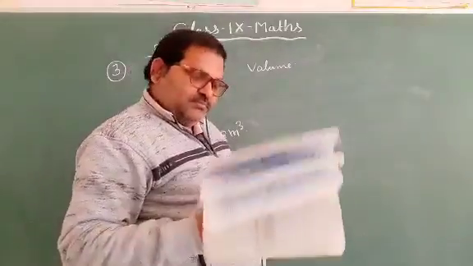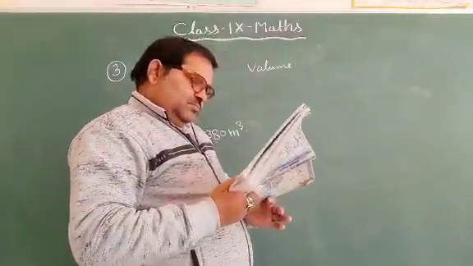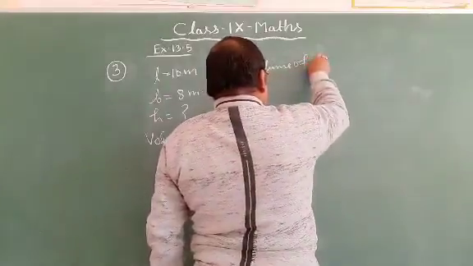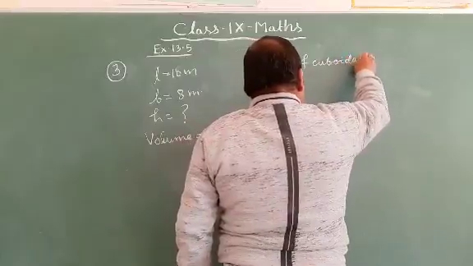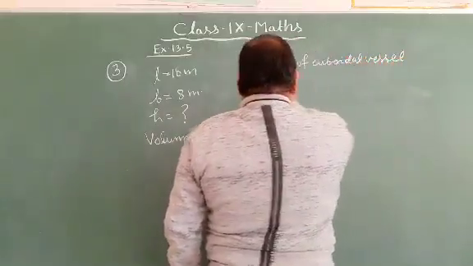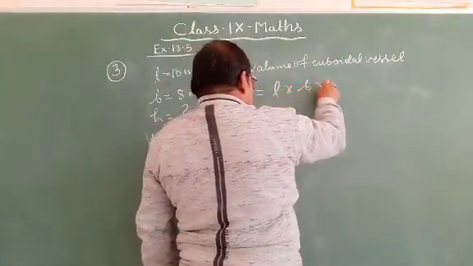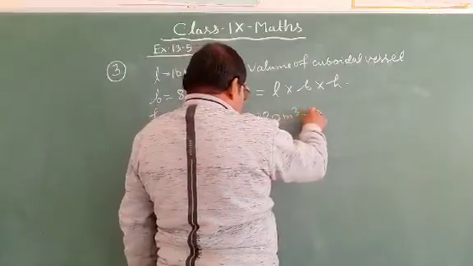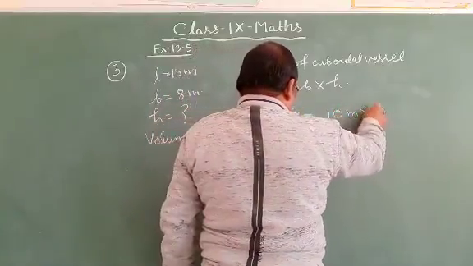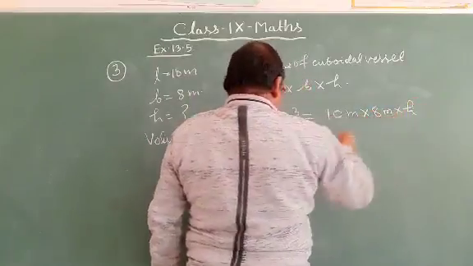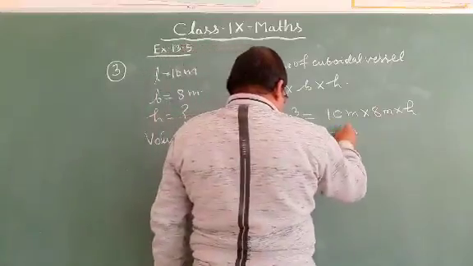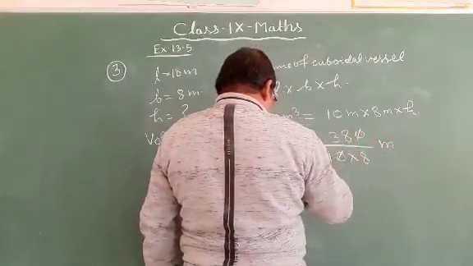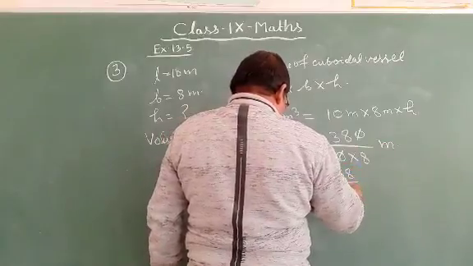Volume of the cuboidal vessel is equal to L into B into H, and therefore 380 meter cube is equal to 10 meter into 8 meter into H. So H is equal to 380 upon 10 into 8 meter, which is 38 upon 8.